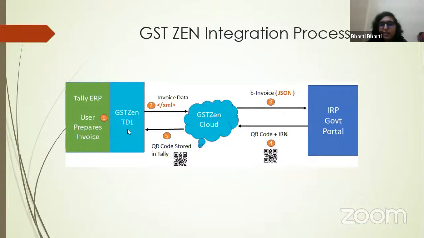We validate the JSON on certain parameters. Then it is sent to the IRP government portal. When the e-invoice gets generated, GSTZen collects the QR code and the IRN, and it is given back to the ERP. So you will get the response within nanoseconds of sending the request for generating an e-invoice.